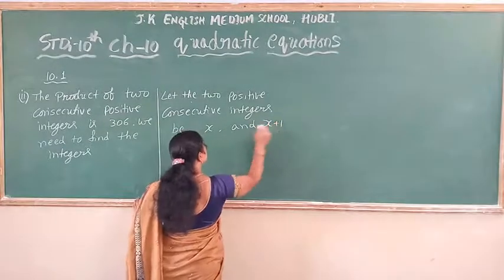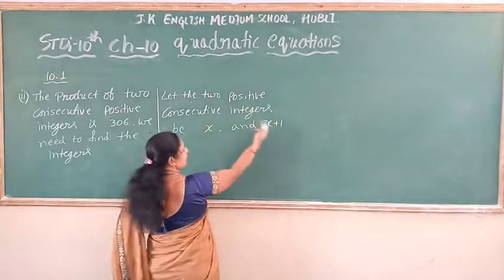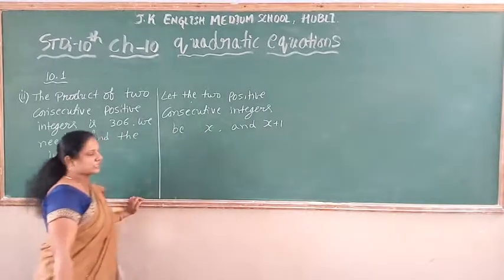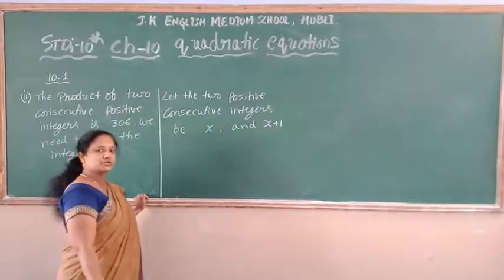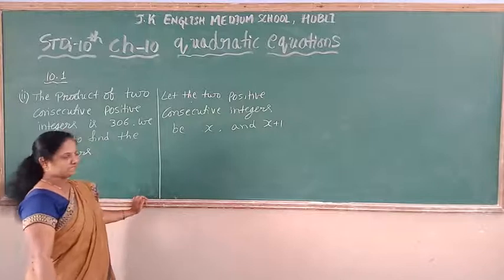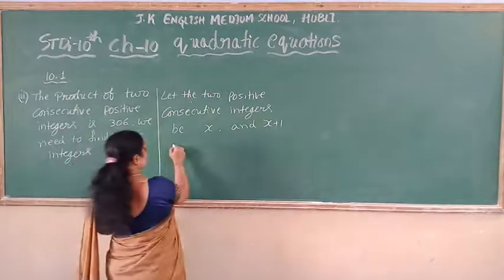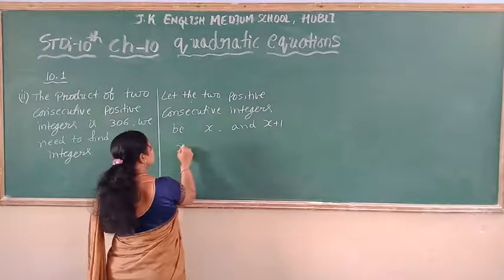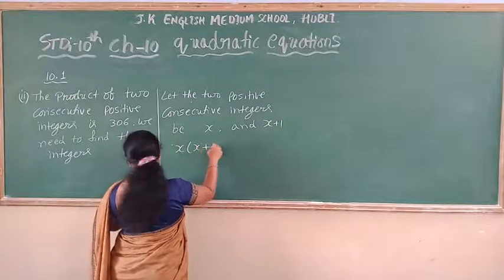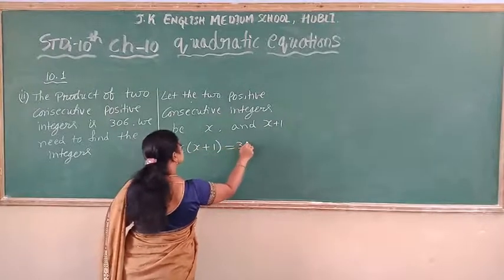If one number is x, then adding 1 gives the next number. So the product of these two, x into x plus 1, is 306.